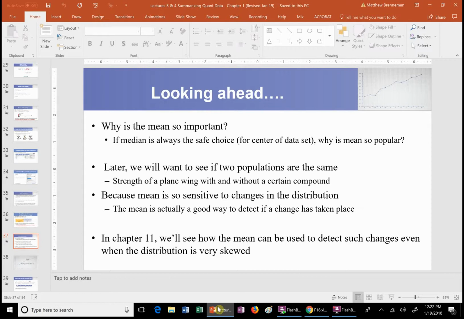Because the mean's not robust, because it is affected by small changes, it's going to let you detect differences between populations. So when we do descriptive statistics, we're interested in the median, but when we do our analysis, we're going to see that even for skewed distributions, the mean is still what we want to focus on. So there's this difference in how we look at these things. Okay?